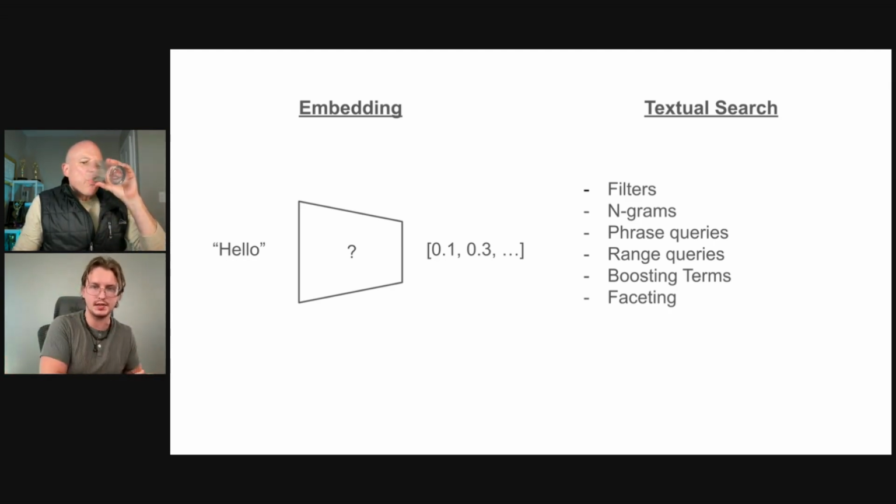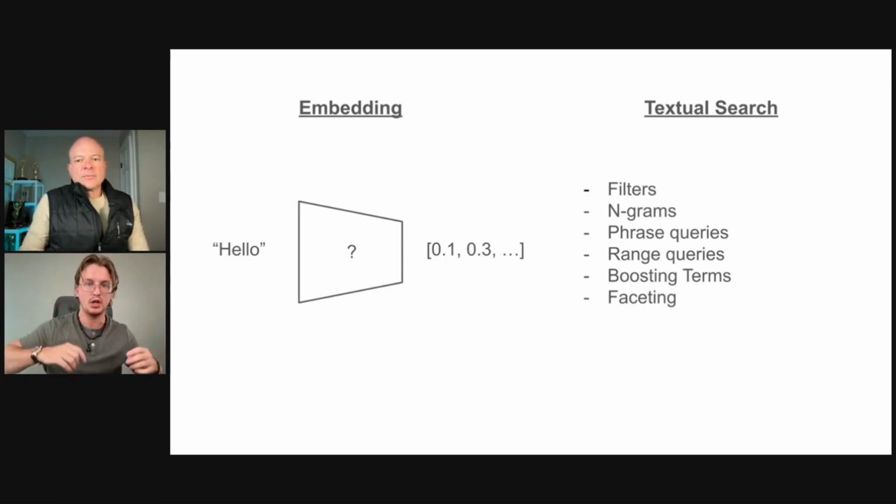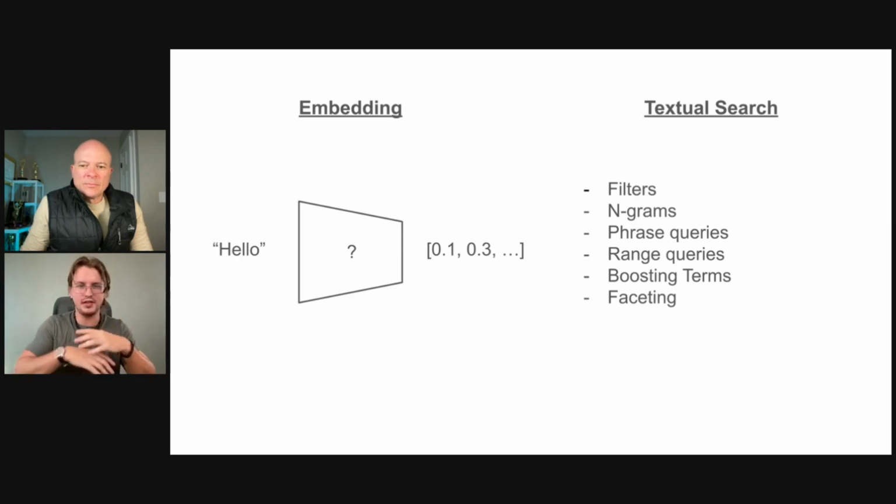You might have phrases that you query against, or ranges to compare against. You might boost certain terms, or break things up. All this classic algorithmic text search stuff that was before the AI era, right? So you have these two competing approaches.